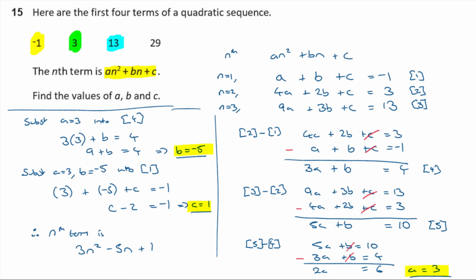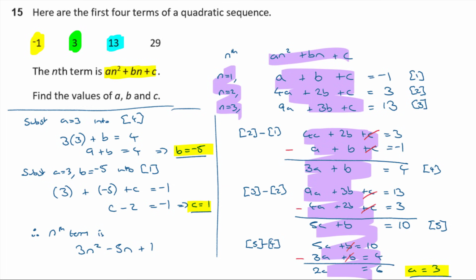Okay. Now I find this a very logical way of doing it. Probably the first time you're looking at it, you're thinking that's a lot of algebra. But like I say, 99% of what I've done is the same for every quadratic sequence that you do. And by 99%, I mean nearly everything. So all of this is going to be the same.